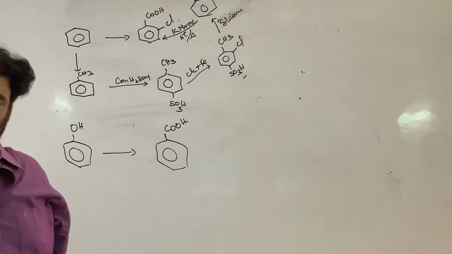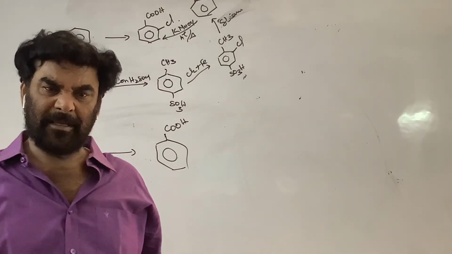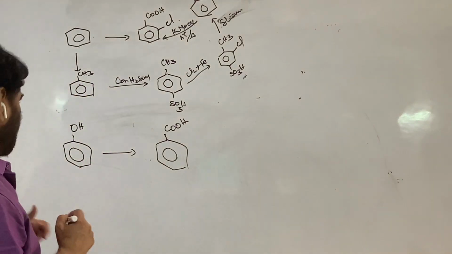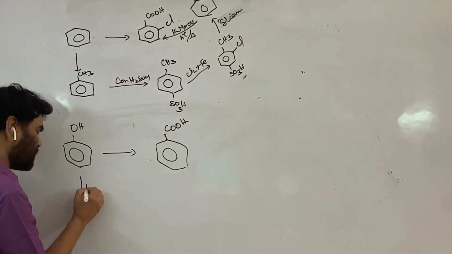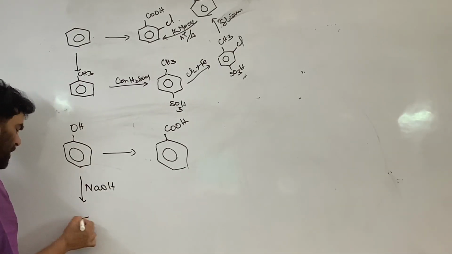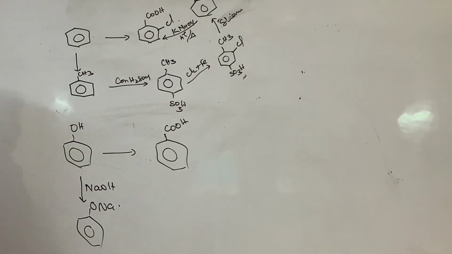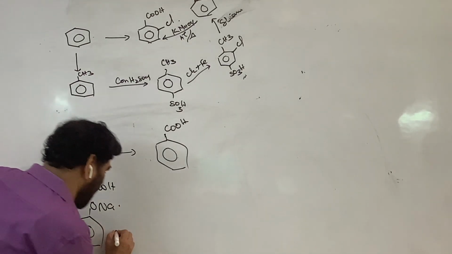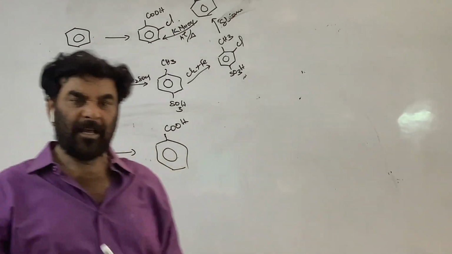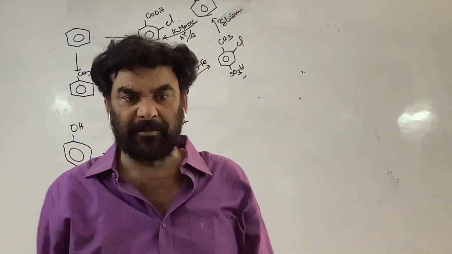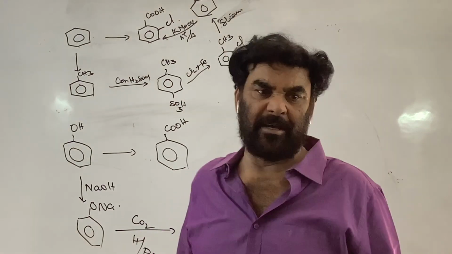To introduce the carboxylic acid group you have to introduce it in the form of a C-methyl group, or through the Kolbe-Schmidt reaction, that is treating the phenol. So you treat this with sodium hydroxide first. Now I am conducting the Kolbe-Schmidt reaction with carbon dioxide under high pressure conditions.